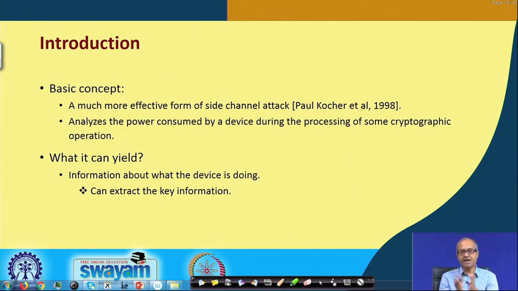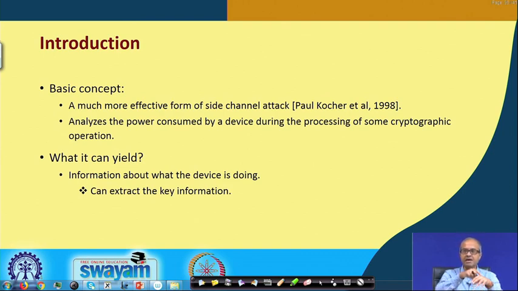The idea is that in timing analysis attack we are measuring the time, right. Here we are trying to measure the power that is consumed by the device. Suppose there is a battery operated device that is working, inside some cryptographic operation is going on, maybe a smart card reader, let us say.